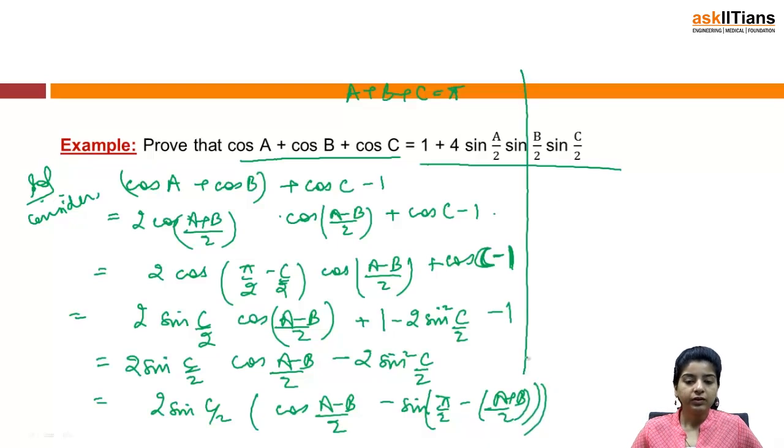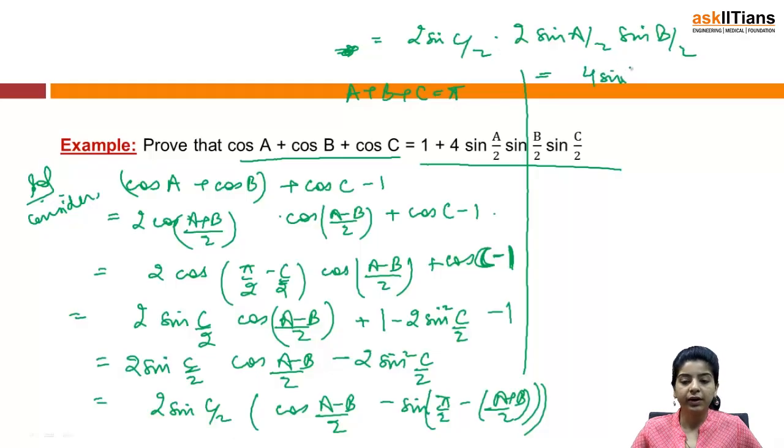So after this we have 2 sin C/2 and 2 sin A/2 sin B/2. After this we get this, and therefore this in result is equal to 2 getting multiplied, and therefore we have 4 sin A/2 sin B/2 sin C/2. So we have proved that cos A plus cos B plus cos C minus 1 is equal to 4 sin A/2 sin B/2 sin C/2.